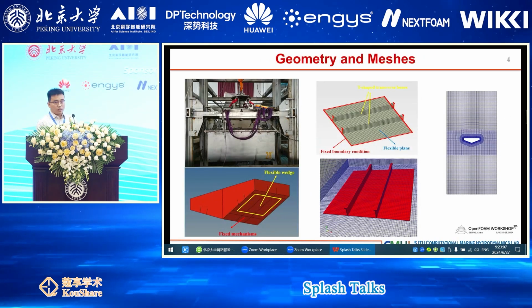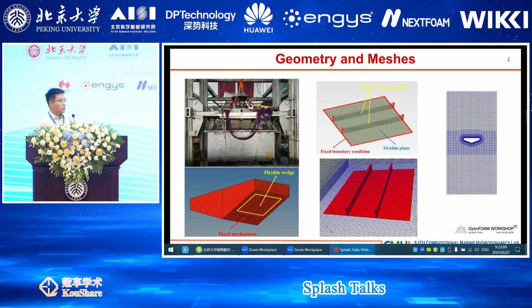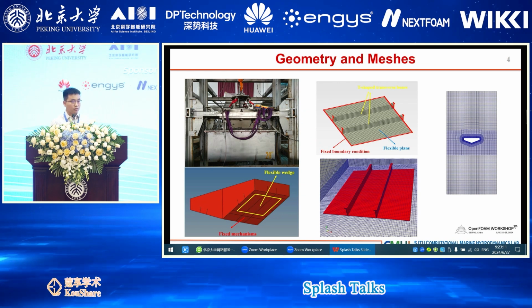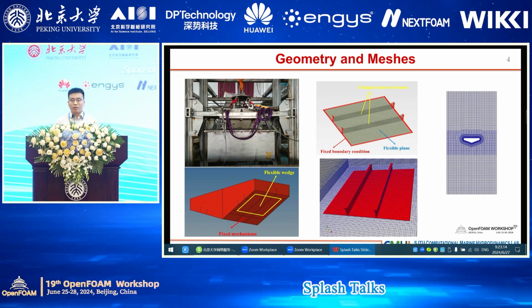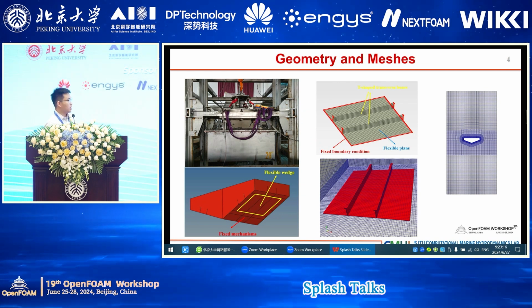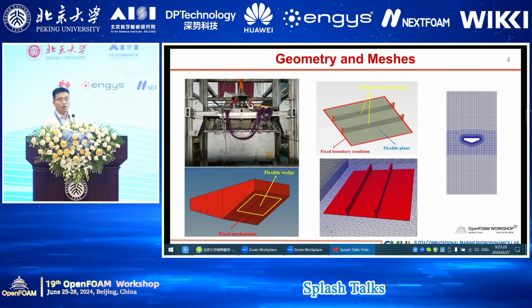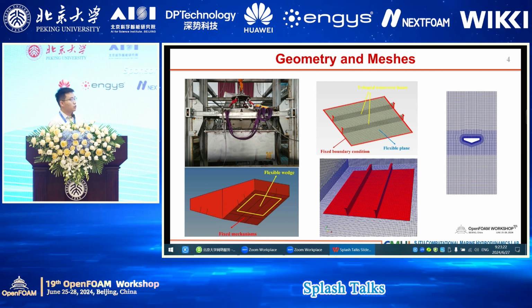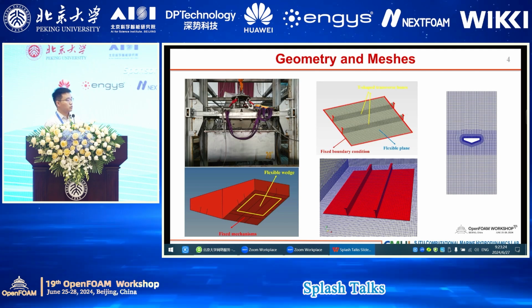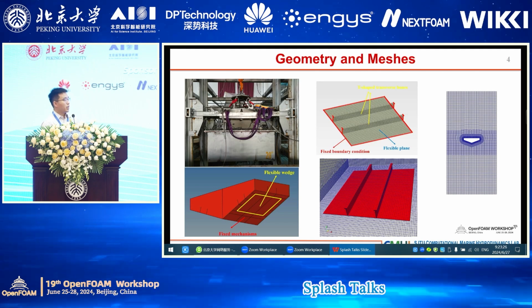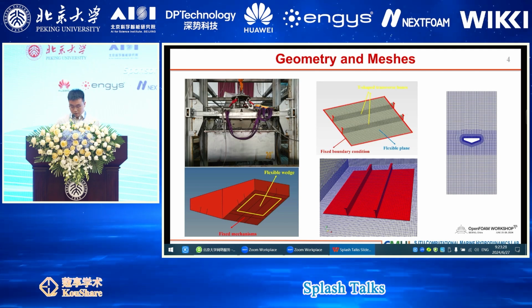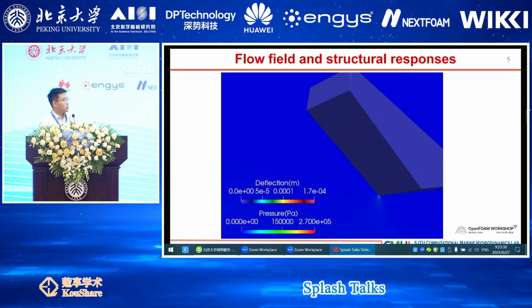And this is the geometry and the computational setup. We have done some experiments in a towing tank, and this is a model with flexible parts, with some transverse stiffeners to strengthen the structure, and this is the computational grid.